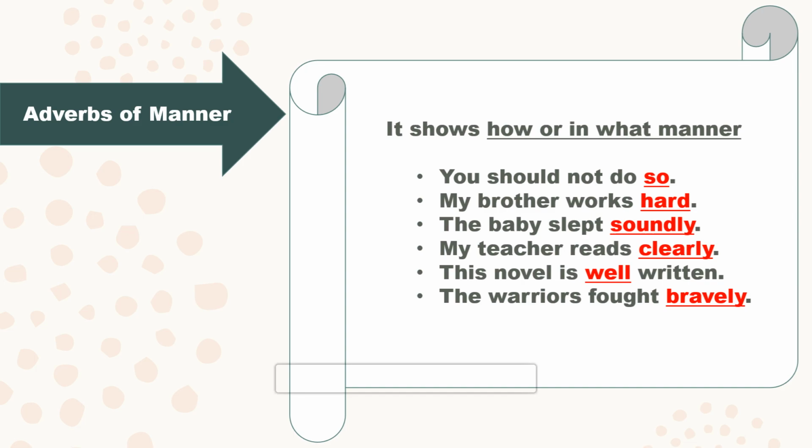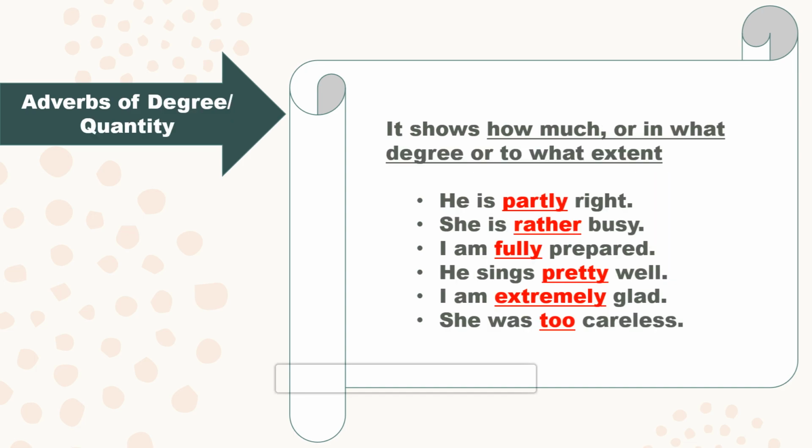So this novel is well written. And the last sentence, the warriors fought bravely. In what manner did the warriors fight? So they fought bravely. So all these words talk about the manner, in what manner and in which way the work is done.